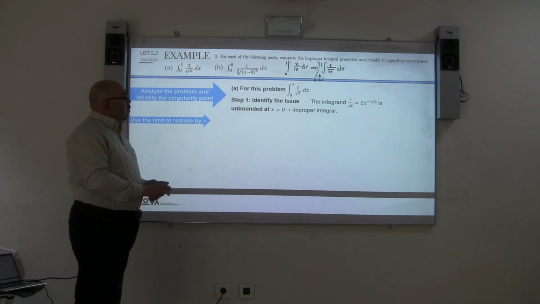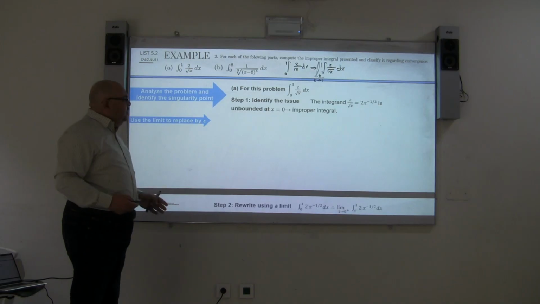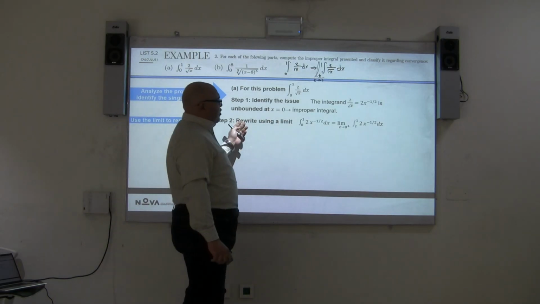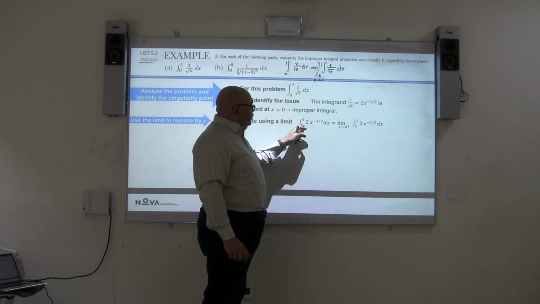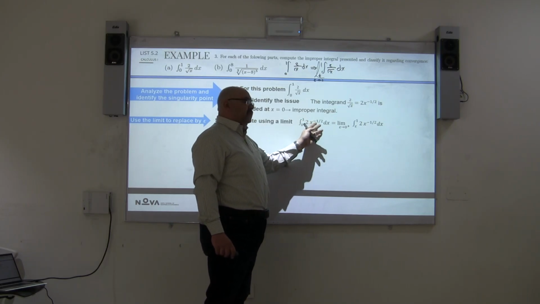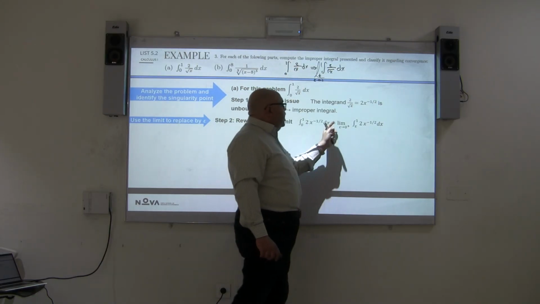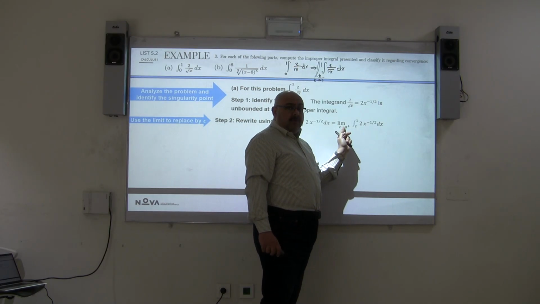So I will replace my problem by a constant, either t, or theta, as you can see. So I will rewrite my integration, and instead of dealing with from 0 to 1, 2 times x to the power of negative half dx, which is 2 over root of x, of course, I will let it be the limit as epsilon tends to 0.